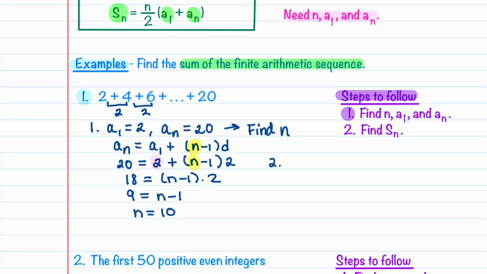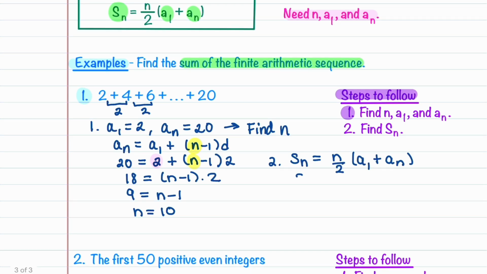Now we can use our formula for the sum. Let's go ahead and write down that formula. S sub n is equal to n over 2 times a1 plus an. And we have everything we need to plug into that. S sub n is then n, which is 10, divided by 2, times a1, which is 2, plus an, which is 20.